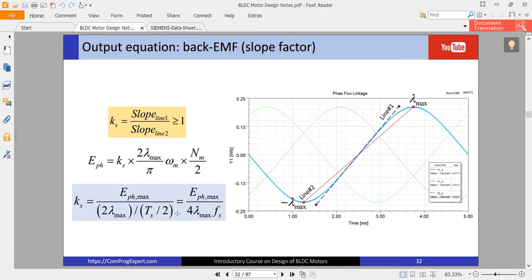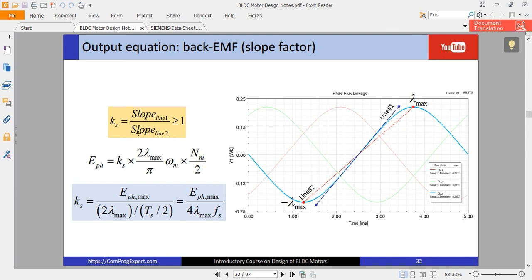If I calculate, you can see line 2, the red line, the slope of the red line, and the slope of this blue line. So I define a slope factor, which is the slope of line 1 divided by the slope of line 2.